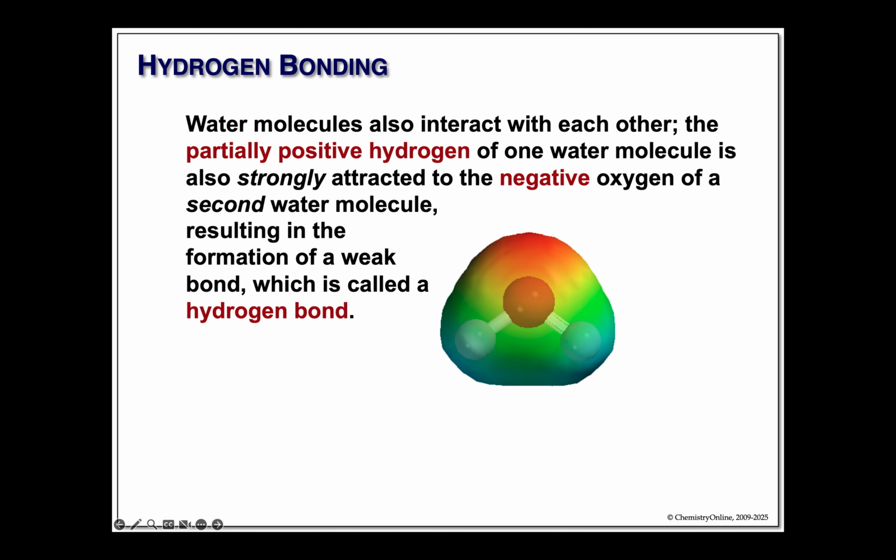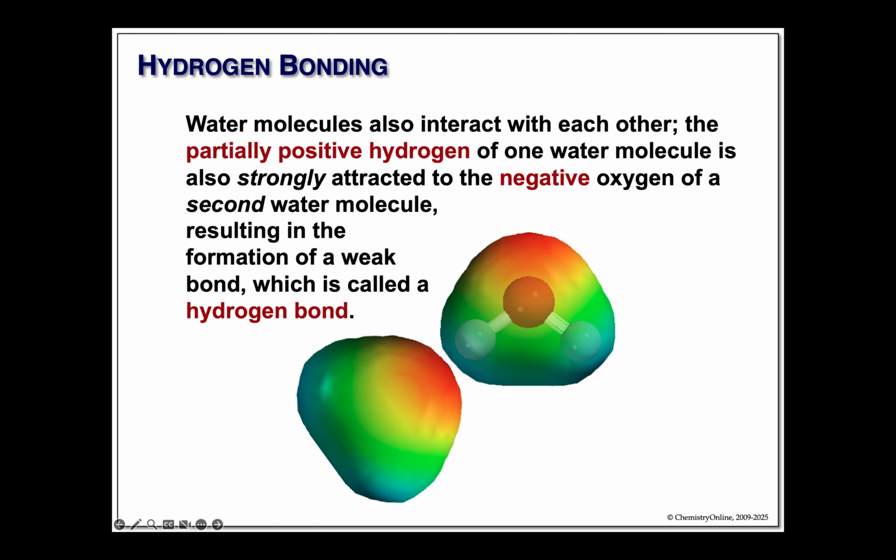If we bring another water molecule in, something like that, we can form what's called a hydrogen bond. Hydrogen bond is a covalent bond, but it's about 5% the strength of a standard covalent bond. But if you get enough hydrogen bonds, it makes a huge difference in the molecule.